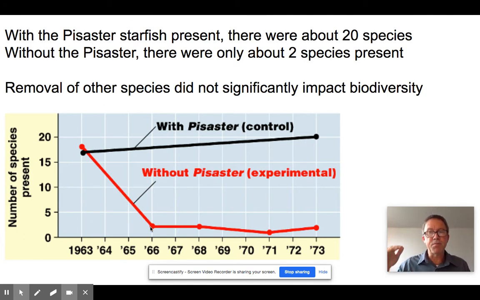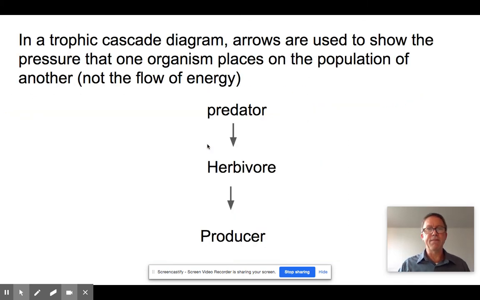The starfish had this effect on the rest of the ecosystem by holding down the population of one species, in this case the mussels. So the biodiversity was very high when it was present, and it plummeted when it was gone. That makes this starfish a keystone species, but it also led to this trophic cascade.